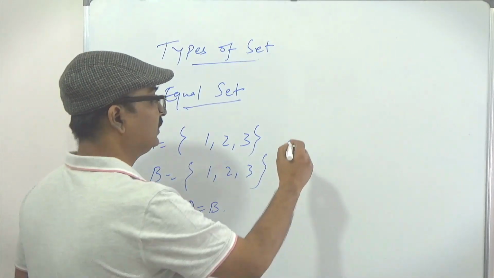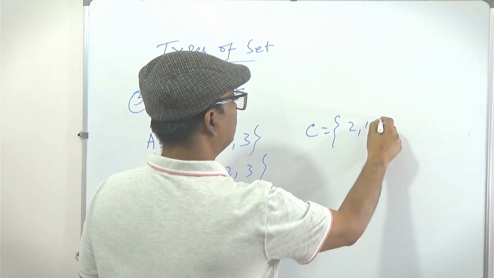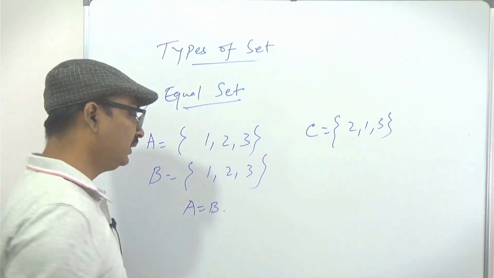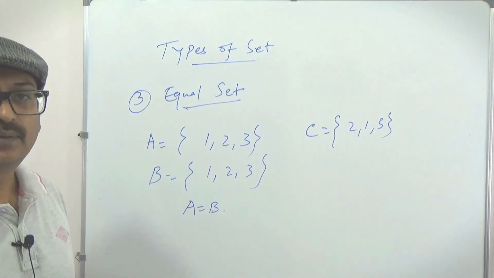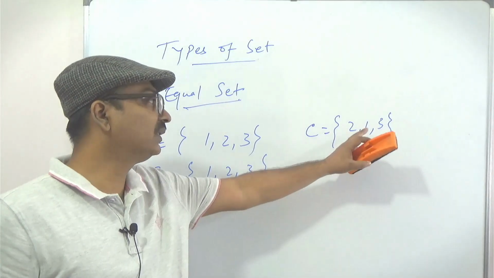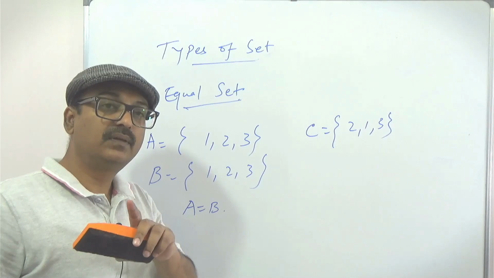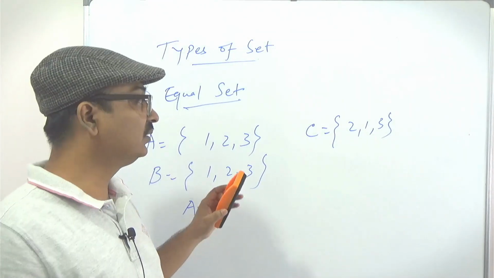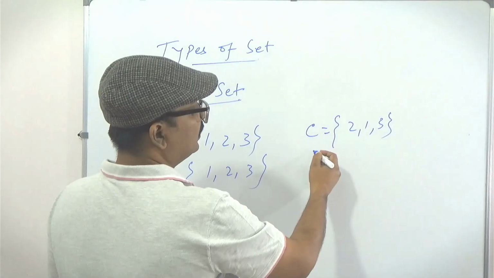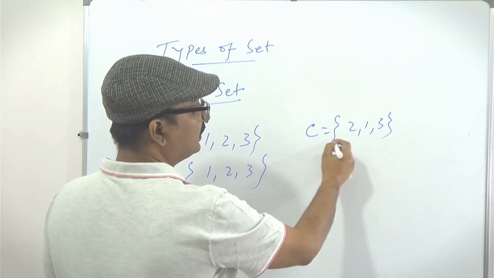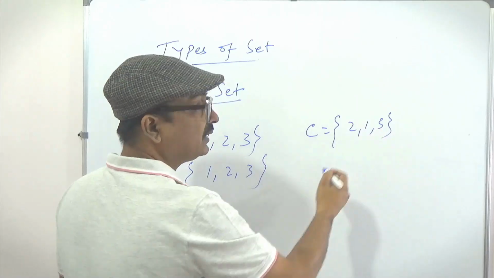Okay, let's say C is a set which contains 2, 1, 3. Is it equal to A and B? Think over it. Think for 10 seconds. C is 2, 1, 3. Is it equal to A? Try to remember, in the definition of sets only we had said that when we represent a set in this form, it does not matter how we have placed the elements.